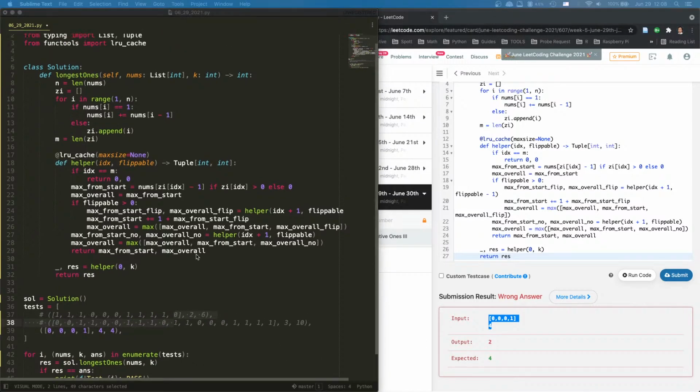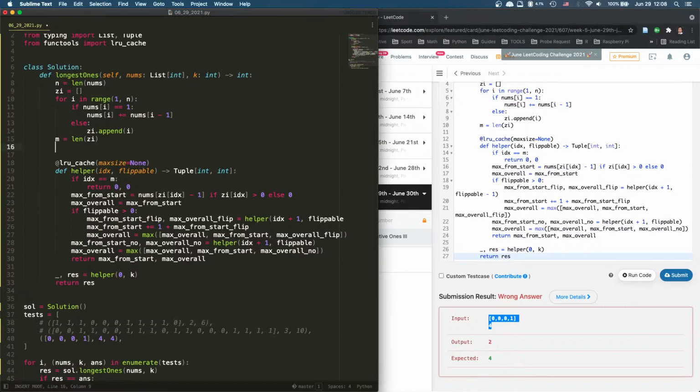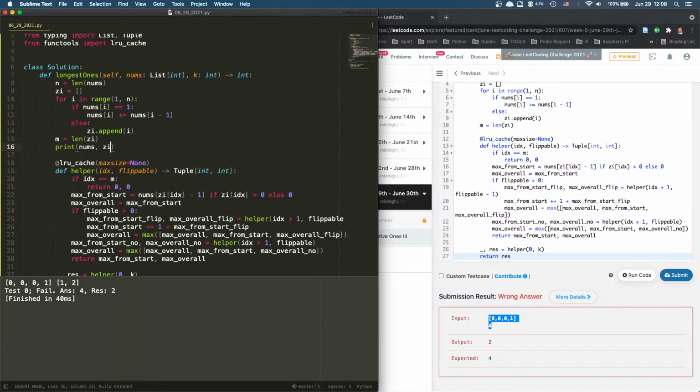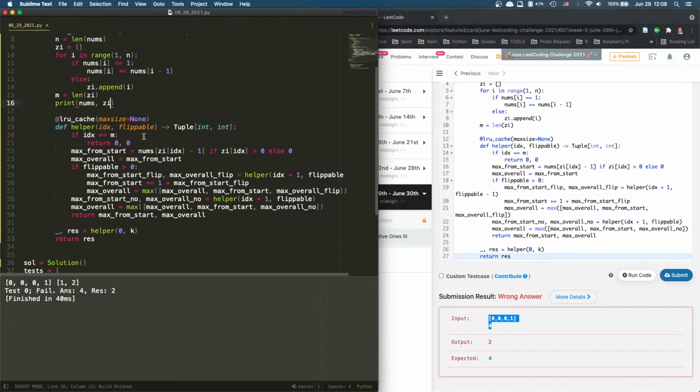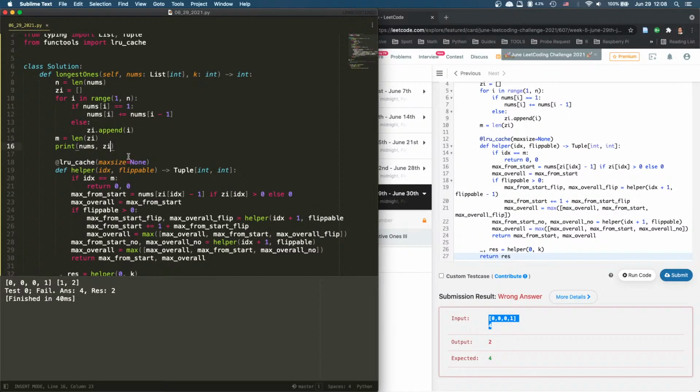Again, we can just print out. So after this, let's see, we're going to print nums and zi just to make sure. Oh, zi is missing.